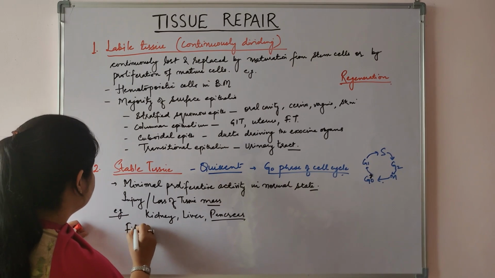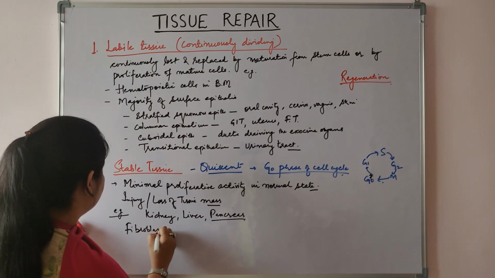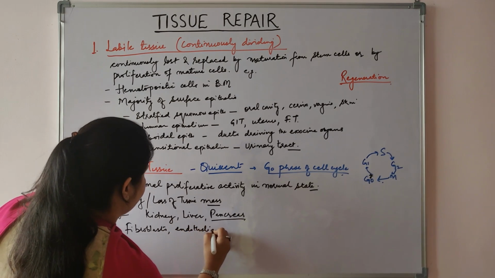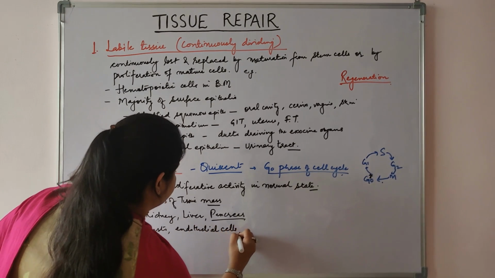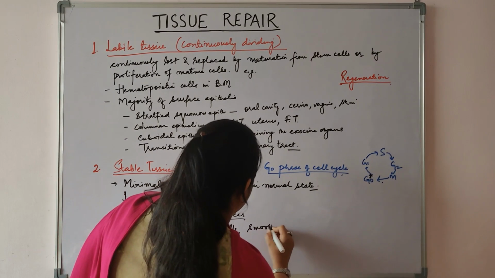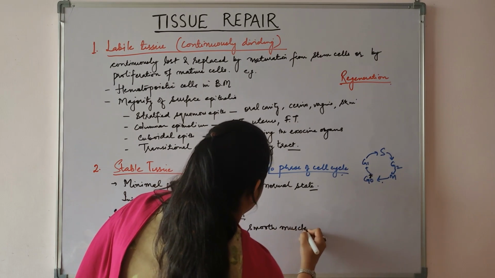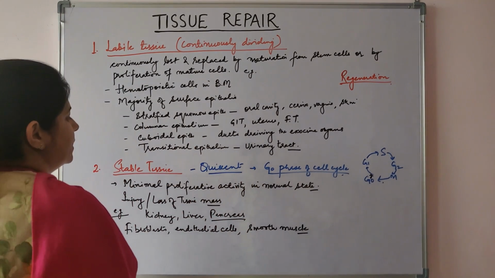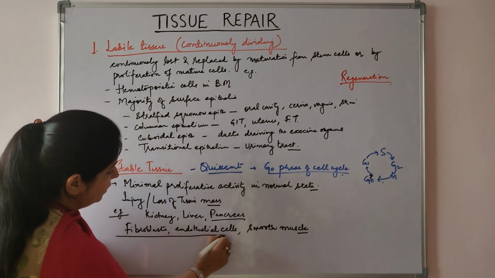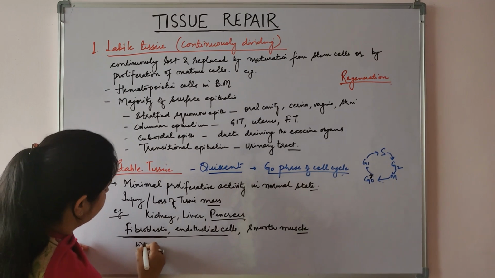The fibroblasts, endothelial cells and smooth muscles are also stable tissues, and they play an important role in wound healing.